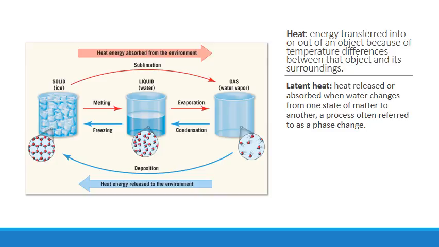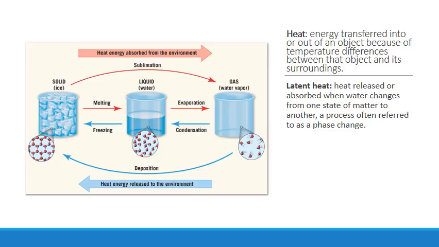Through the combined processes of evaporation and condensation, latent heat then transports large amounts of energy from Earth's land-sea surface, mostly from the oceans to the atmosphere.